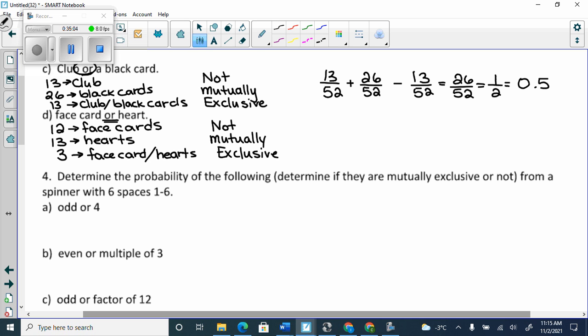We go 12 out of 52 plus 13 out of 52. Subtract off 3 out of 52. And we actually get 22 out of 52, which reduces to, what do we get? Yep, which reduces to what is it?